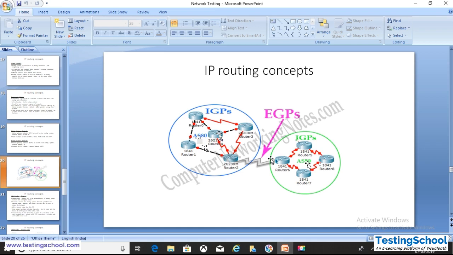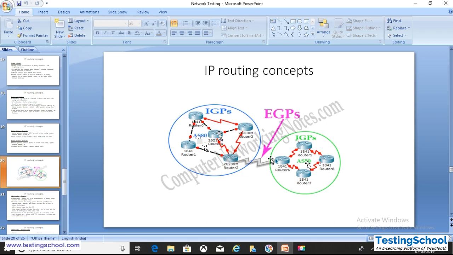So a lower AD is considered more trustworthy; the lower AD value is more believable to the router. 0 is considered the most trustworthy, while 255 is considered an invalid route and will never be used.